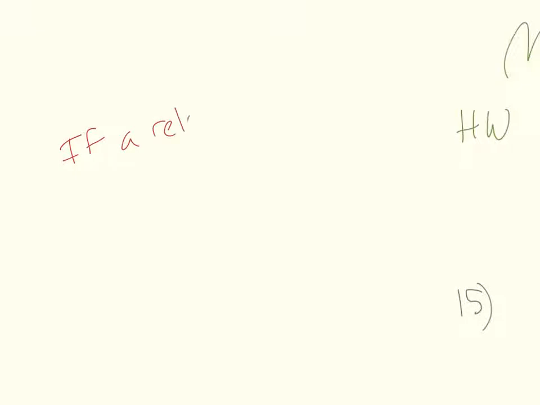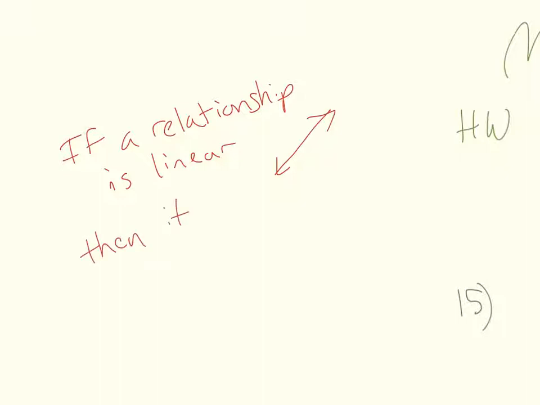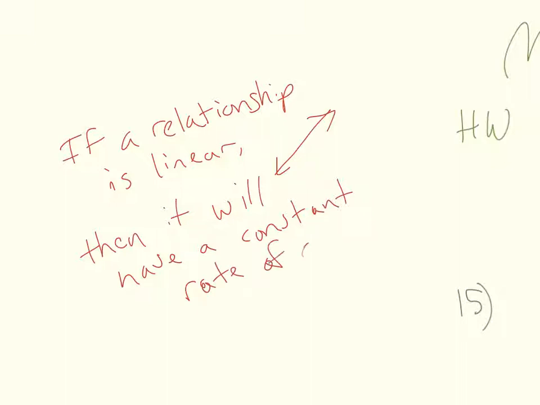If a relationship is linear, meaning it creates a straight line like that, if the relationship is linear between two quantities, then it will have a constant rate of change.